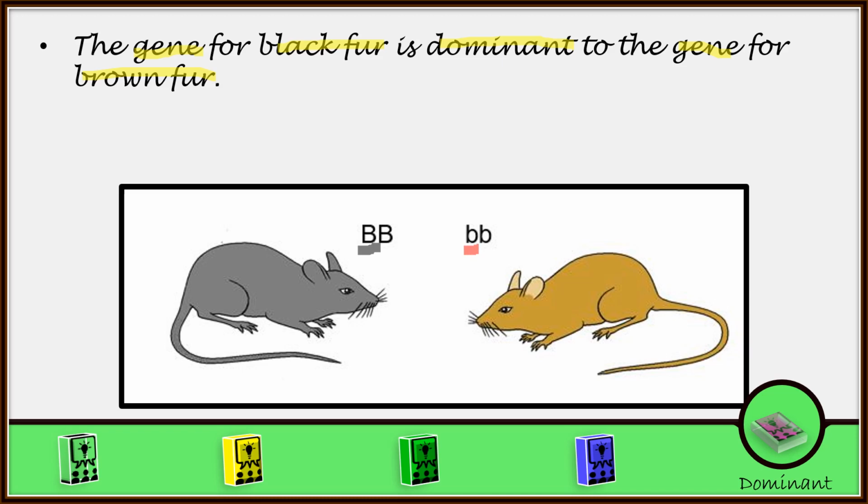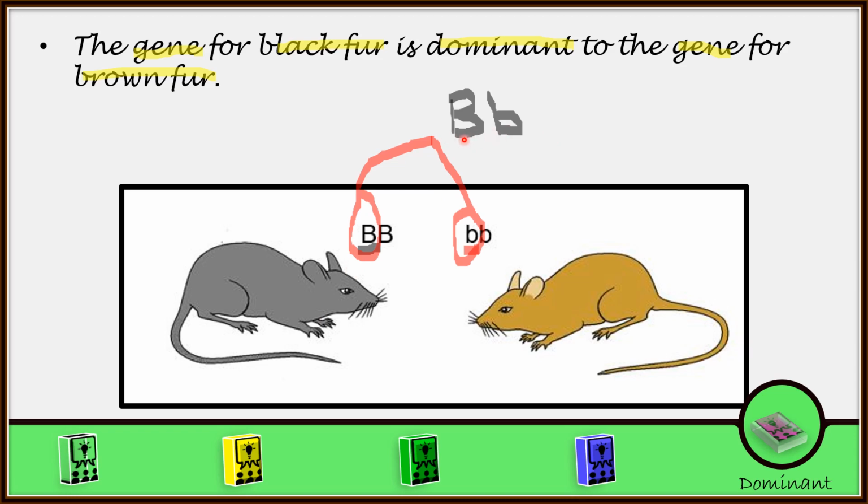Which means that if this one comes into combination with this one here, and they are together, that means we shall have capital B and we shall have small b. If those two genes come together, capital B is dominant to small b.